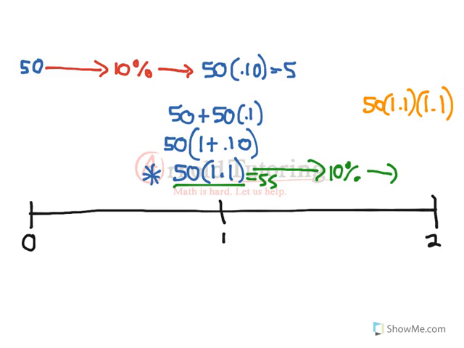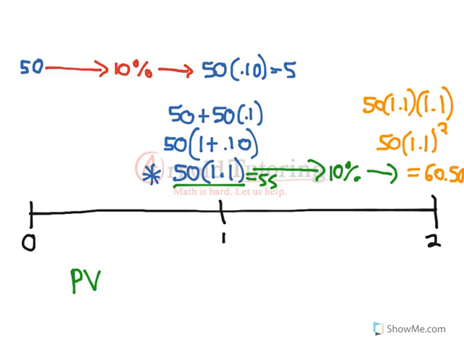Because we know that the original amount is going to come forward plus the 10% interest on that new base amount. We could think of that as 50 times 1.1 squared, which is actually going to equal $60.50.